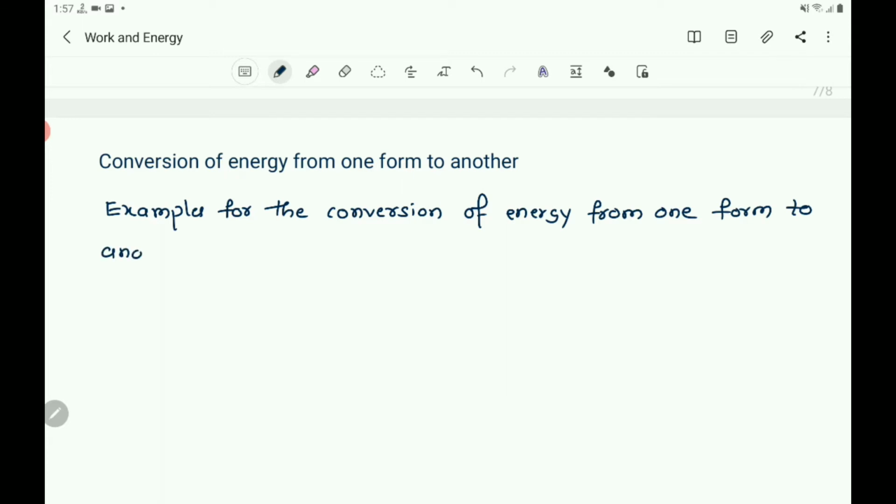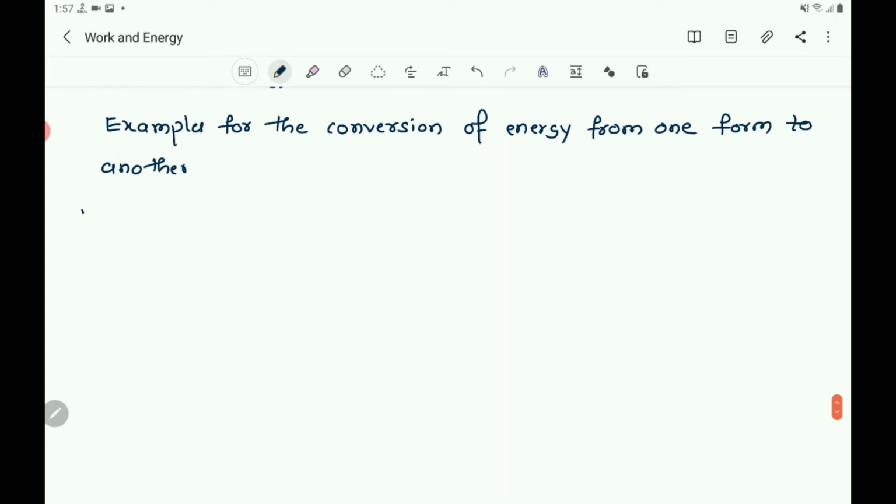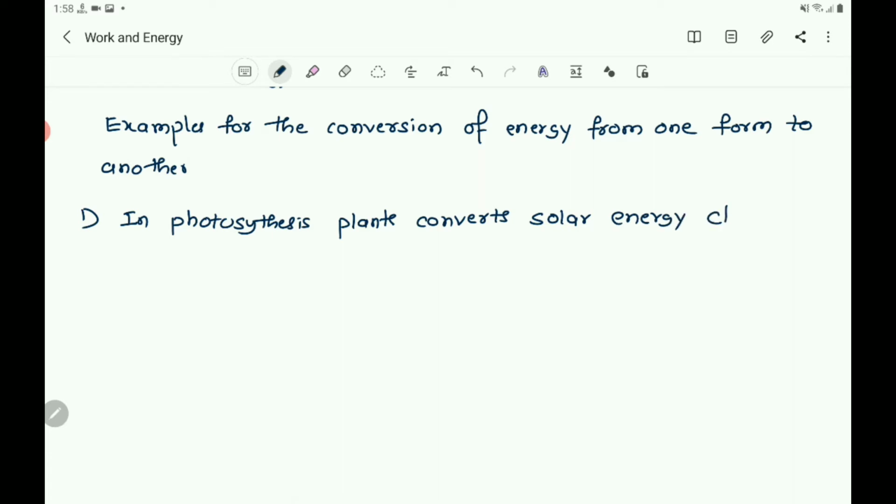First example, in photosynthesis, plants convert solar energy into chemical energy.